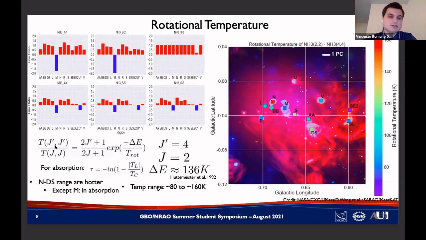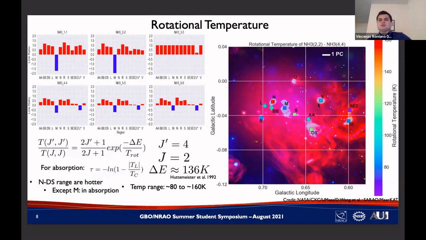As long as we have their quantum numbers and the energy difference between those two transitions, which is a constant, we can find the rotational temperature. For the emission components, we can use the ratio of peak brightness. But for the absorption, we need to convert to the optical depth tau using the continuum temperature value, which is given in the SWAG continuum map, and then we can correctly find the temperatures that correspond to absorption.